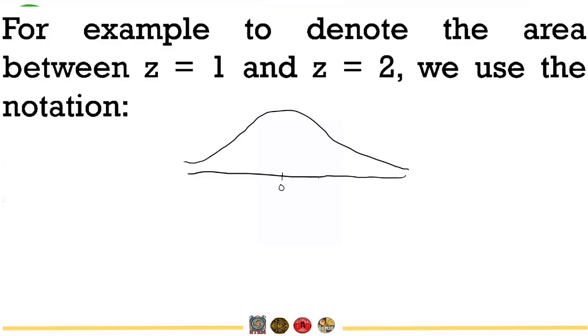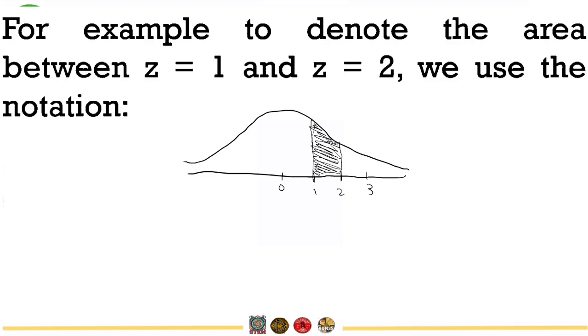Mean is 0, standard deviation of 1. Z is equal to 1, so this is 1, and Z is equal to 2. The question states: what is the area between Z is equal to 1 and Z is equal to 2? So let's shade. This is Z is equal to 1 and this is Z is equal to 2, and this is the area that is being asked.